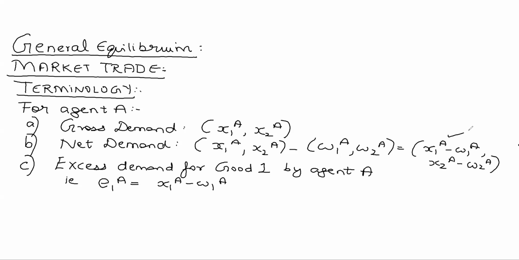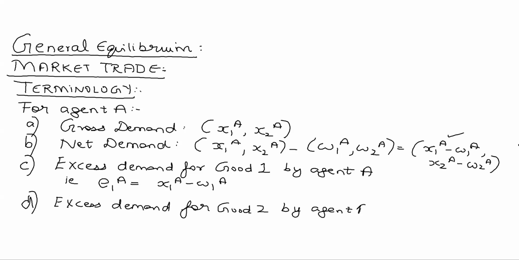And the next terminology, excess demand for good 2 by agent A, will be E2A, which is x2a minus omega 2a.